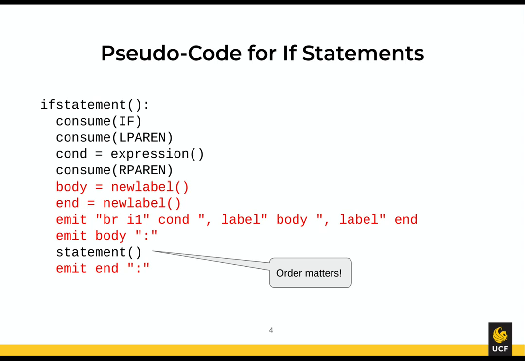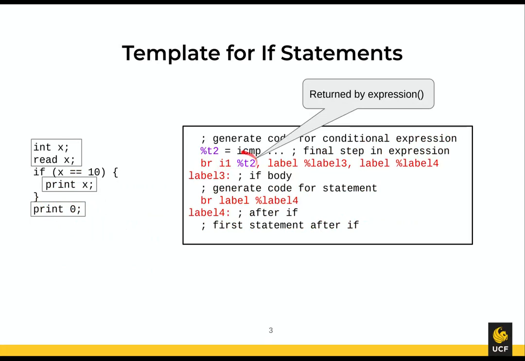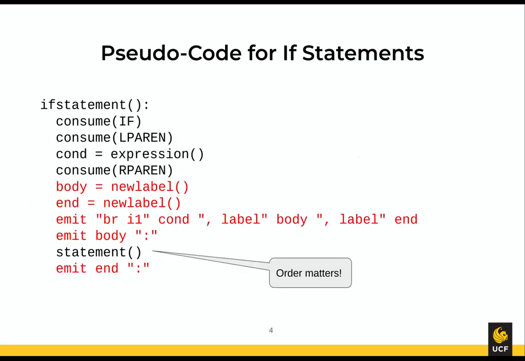And remember from our template that our branch has the LLVM register holding the condition and two labels. The first label is the code that you want to run if the branch is true. Otherwise, the code that you want to run if the condition is false. So we just emit that branch, plugging in the condition register, the label of the body, and the label for what's after the if statement.